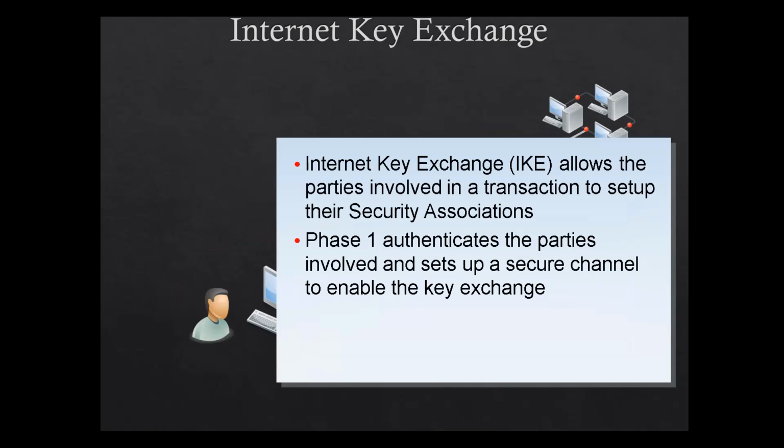See, a lot of times a question comes up: why do we need two phases? Why do we need phase 1 and phase 2? What's the point, and what's the reason and functionality for that? As I said, and it is mentioned over here as well, phase 1 authenticates the parties involved. You can see over here there's just one guy, and on the other side you have the resources, but you have a FortiGate firewall in between.